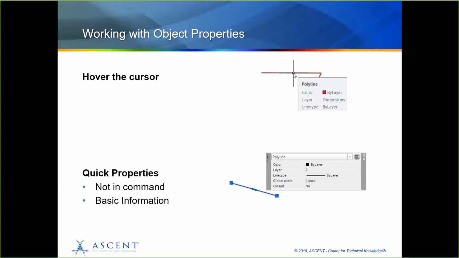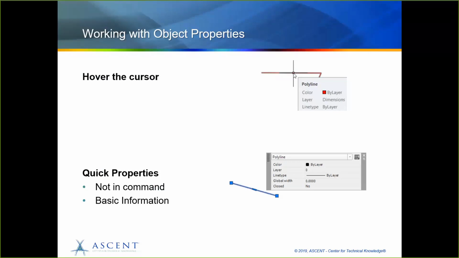For example, where the center of a circle is located in the drawing window, and what's the length of a line. These are the geometric information that is provided.